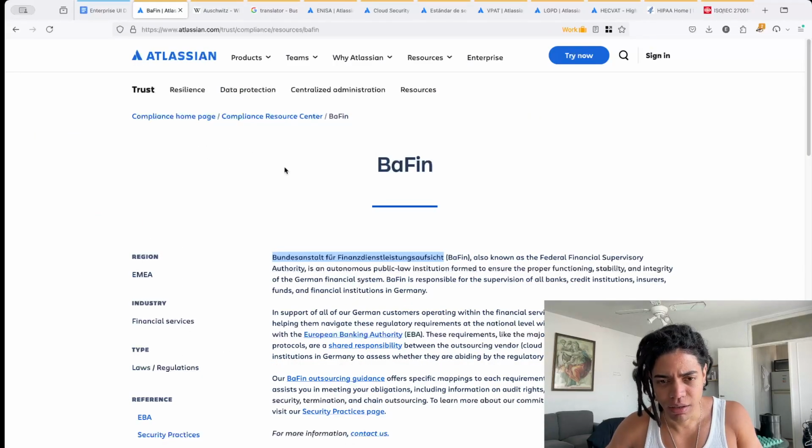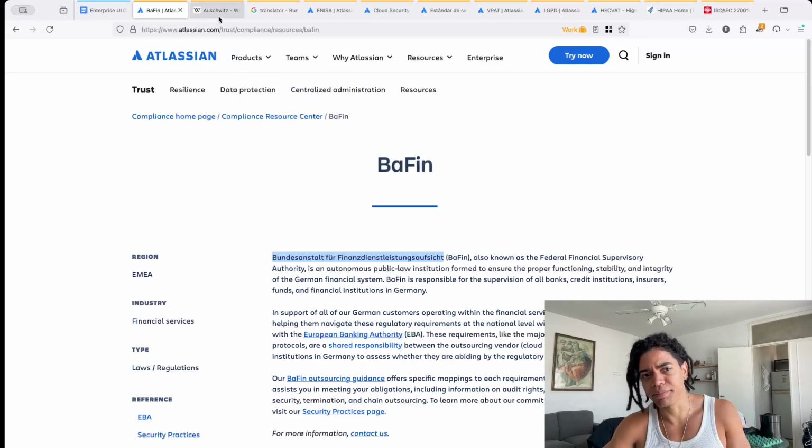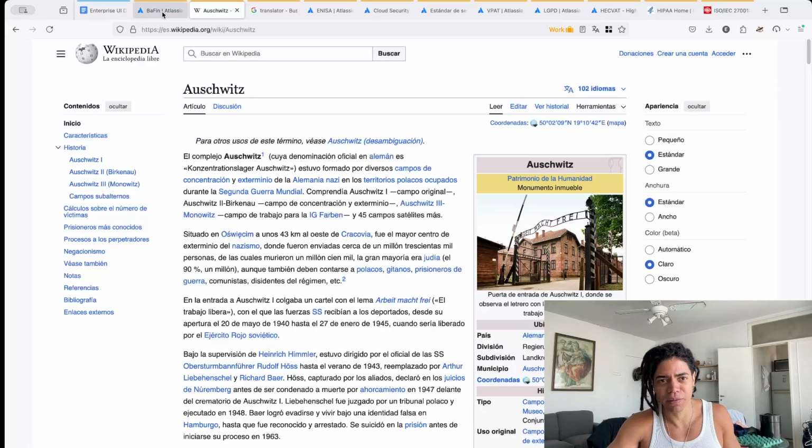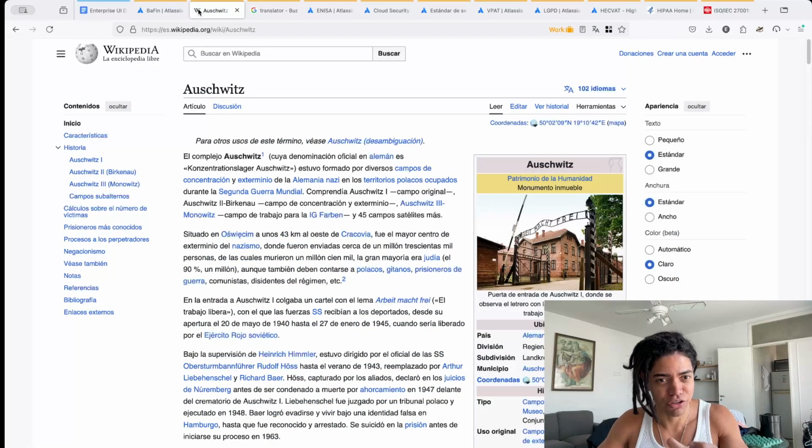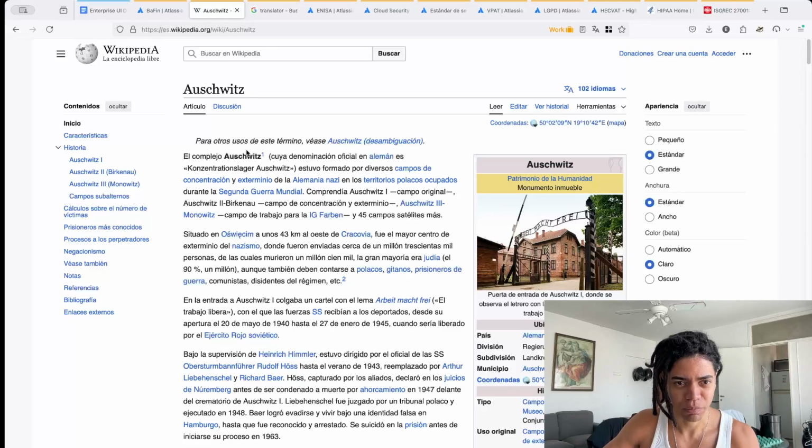Financial, yeah. Finanzdienstleistungsaufsicht. It's an authority that is going to audit, inspect the finance.